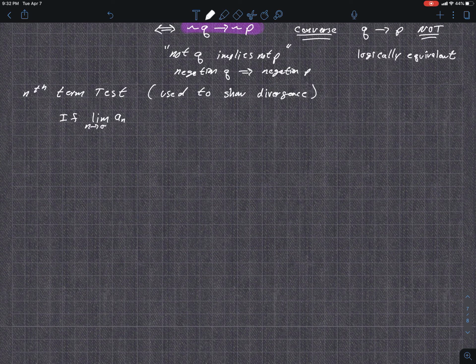So what it says then is this: if the limit of a sub n as n approaches infinity does not equal zero, this is the contrapositive, then the series a sub n diverges.